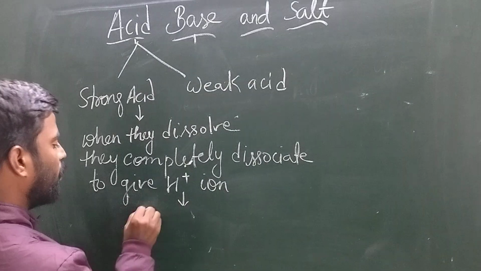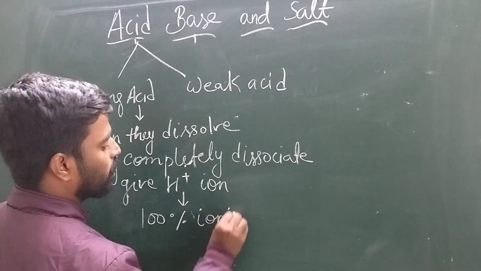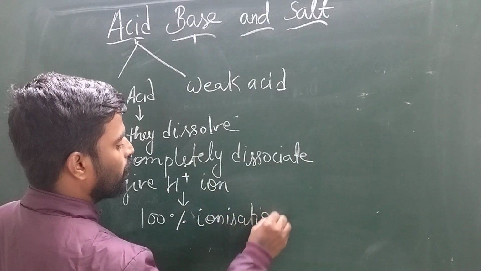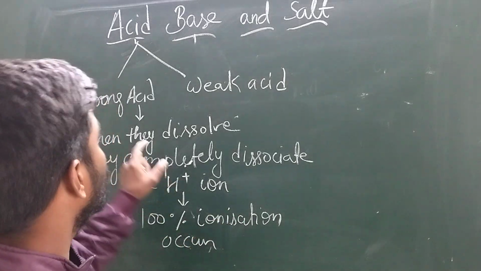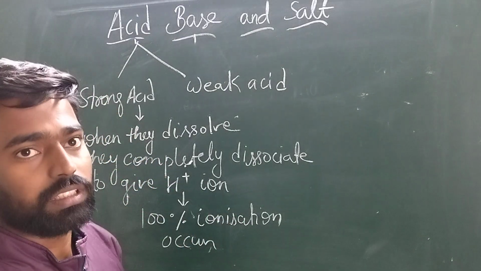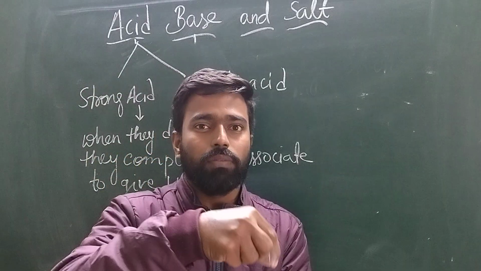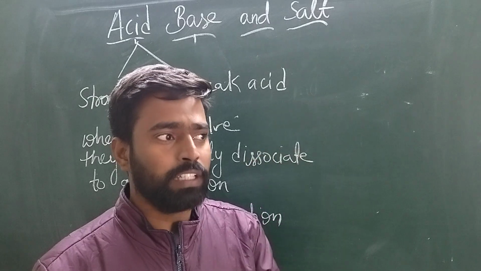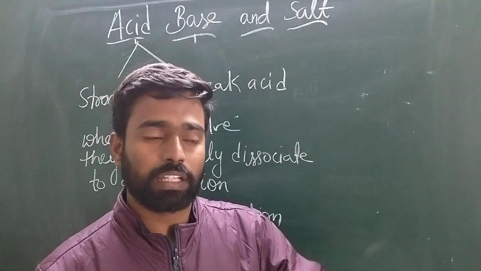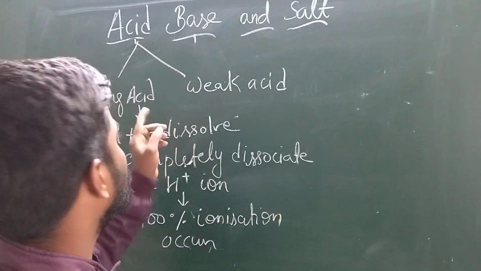It means 100% ionization will occur. So they are said to be strong acids. Any substance which, when dissolved in water, ionizes all its hydrogen ion, giving 100% ionization, is called a strong acid.